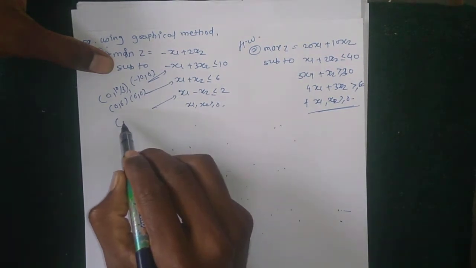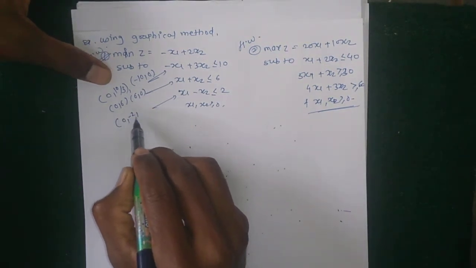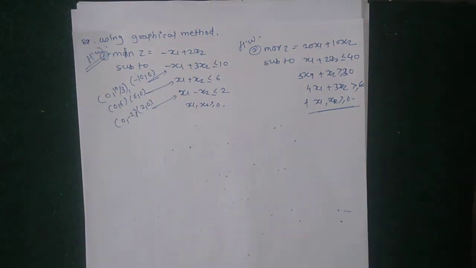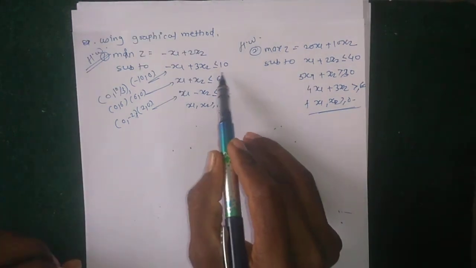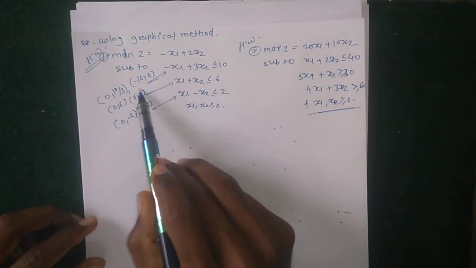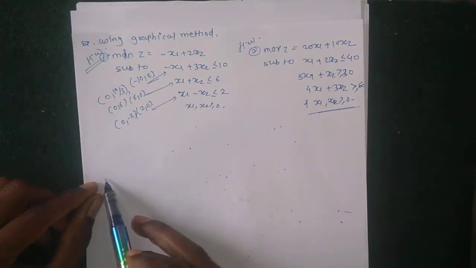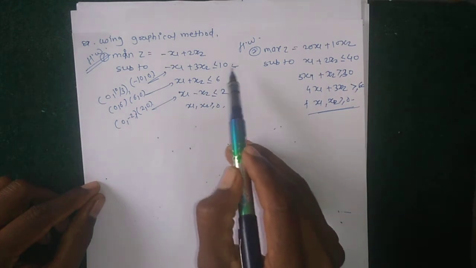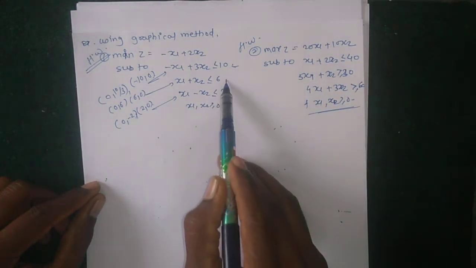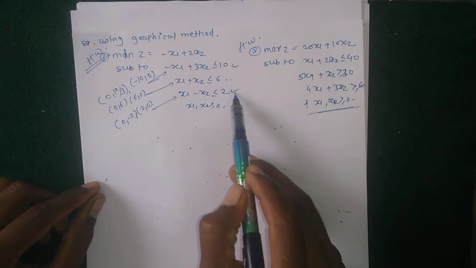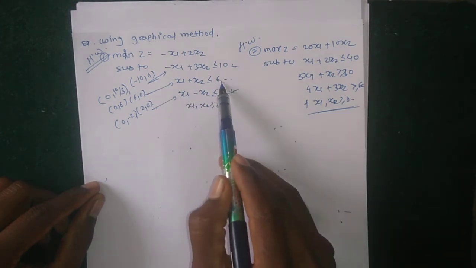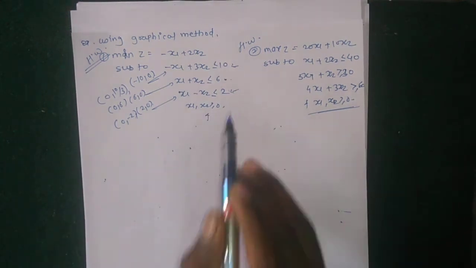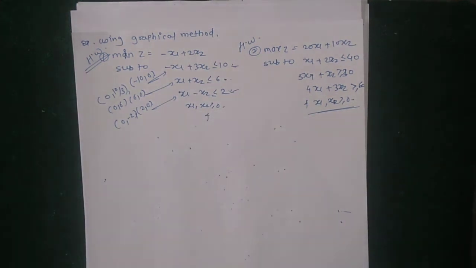For the last, the 2 points are 0, minus 2 and 2, 0. Plot a graph and select the region. Here all constants are less equal, which implies that for the first line the region is the upper side of the line, and for the second line the region is also the upper side, and for the third line the region is the below side of the line. Find the solution at home.